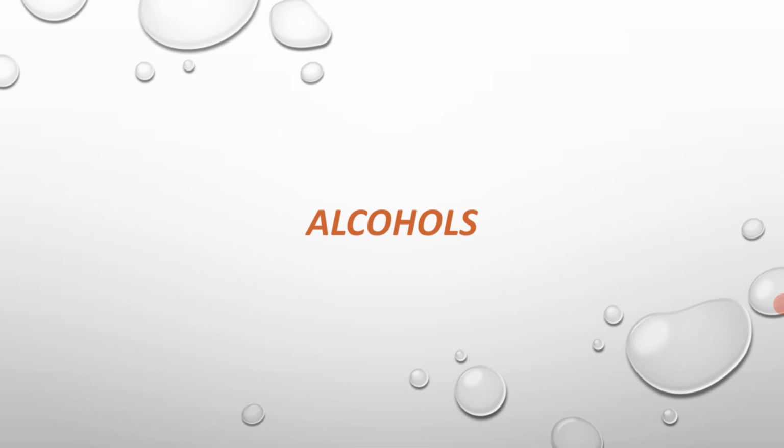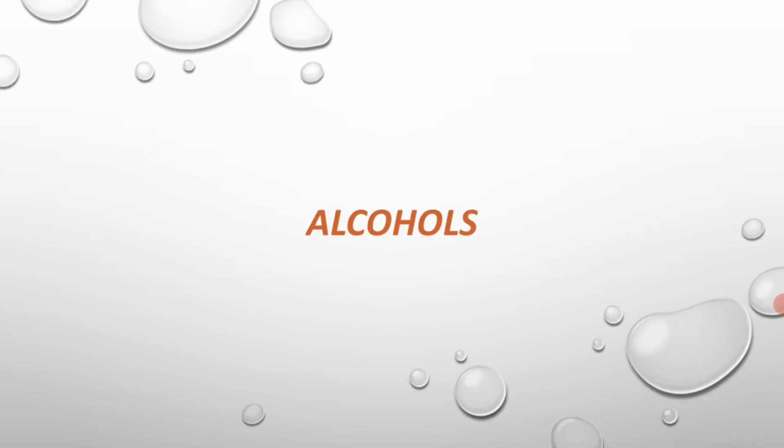Dear friends, today we are going to discuss a most important chapter in organic chemistry, that is alcohols. As we know, alcohols are the compounds having the hydroxyl group attached to alkyl group.